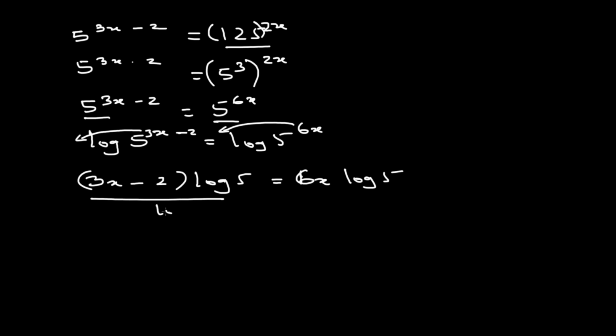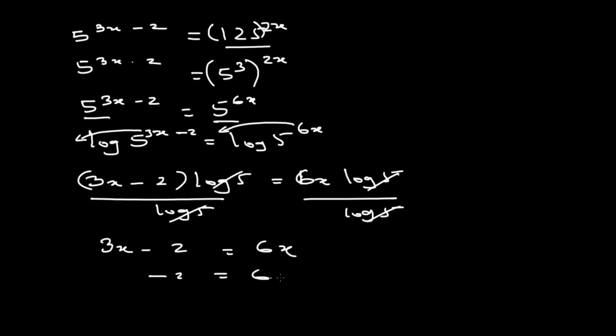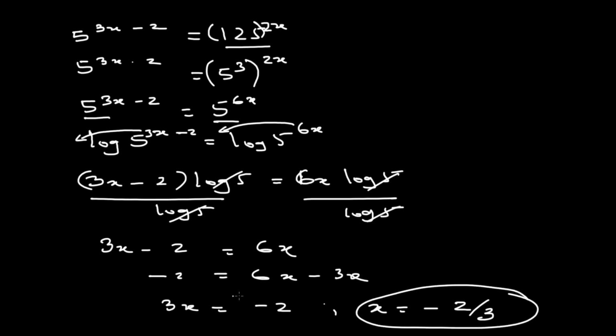So we can divide by log 5 here and by log 5 there, if you want to show all your working. So we're going to have 3x minus 2 is equal to 6x. I can bring it this side, or at this point, this should be easy, we can do it whichever way we want. So 3x is equal to minus 2. Therefore, x is equal to minus 2 over 3.